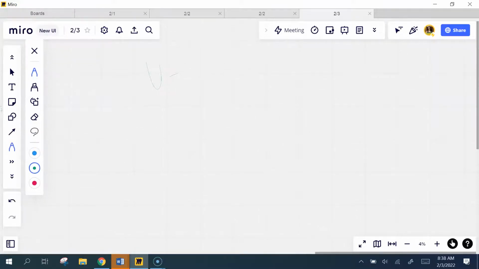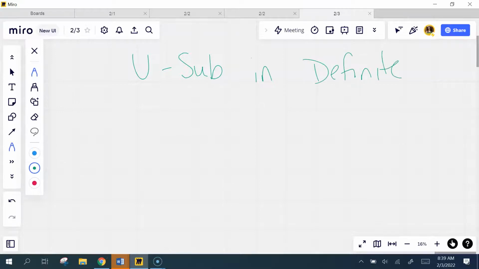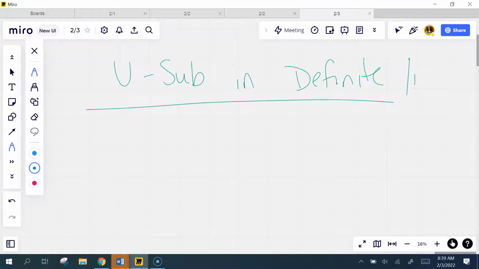No. So the definite ones are the ones with the bounds on them. Yeah. Usub using definite integrals instead of indefinite integrals.